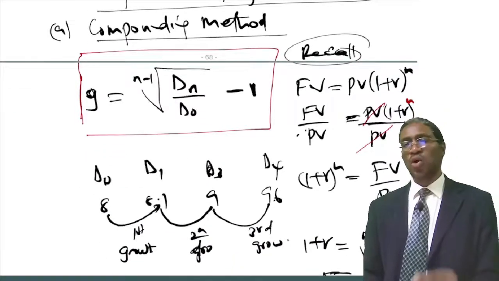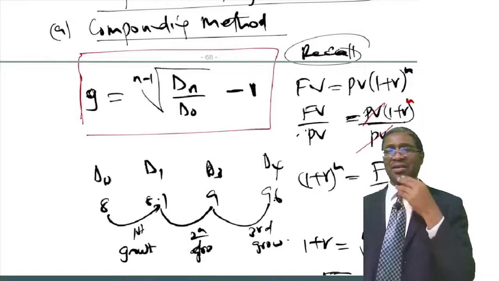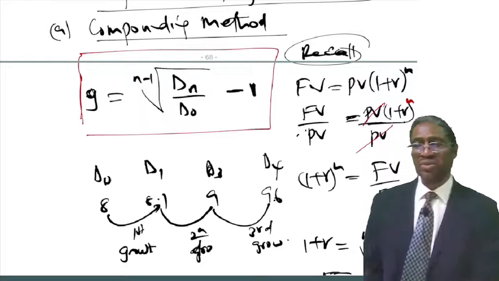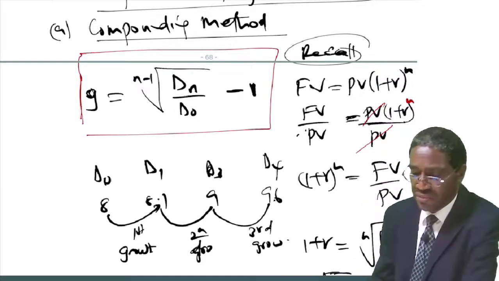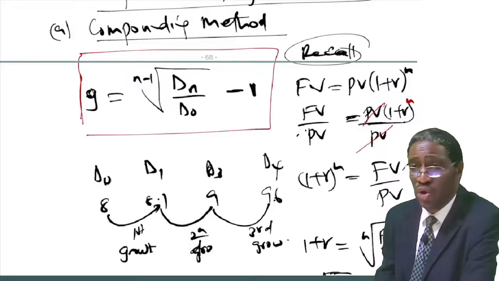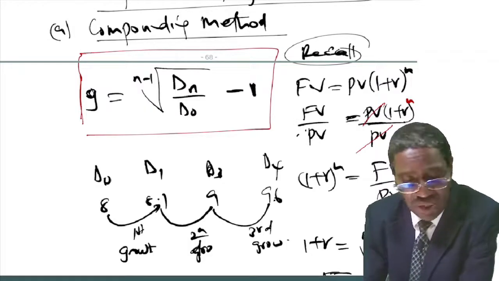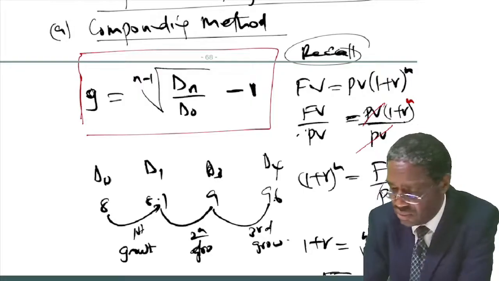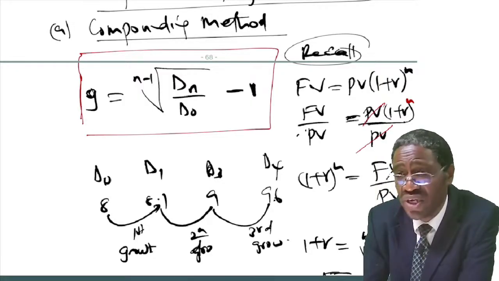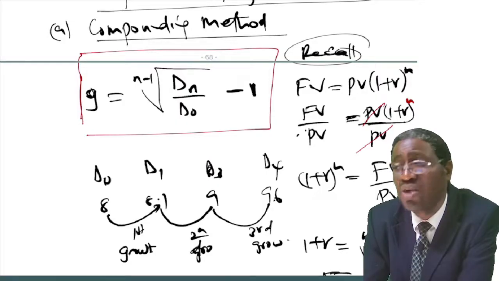One, the compounding method. Then you can copy this formula. I don't have to rewrite it. g equals the n minus 1 root of Dn divided by D0, minus 1.